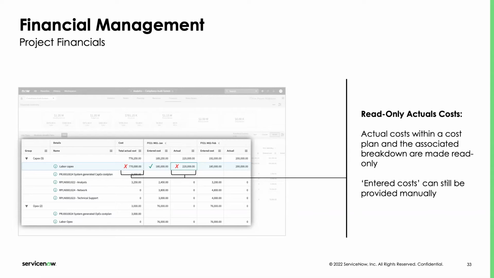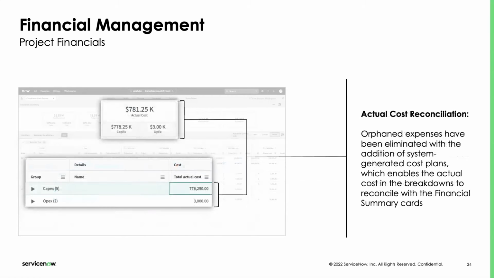Actual costs are not editable. Entered costs still can be added or updated manually. As system-generated cost plans account for unexpected actual costs, we eliminate orphaned expenses, which enables the actual cost and the breakdowns to reconcile in a way that users can easily understand and see.